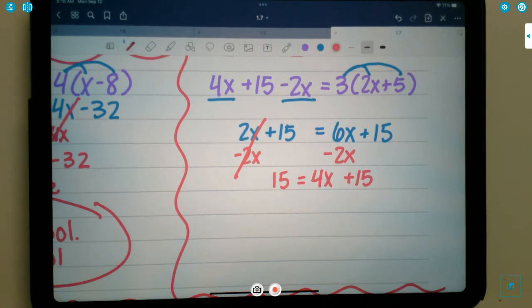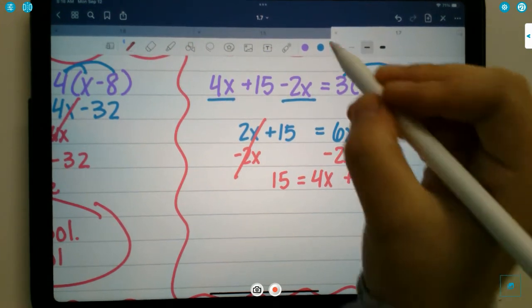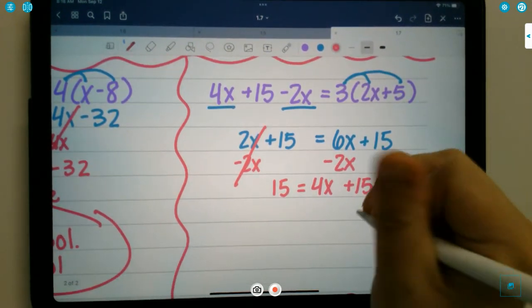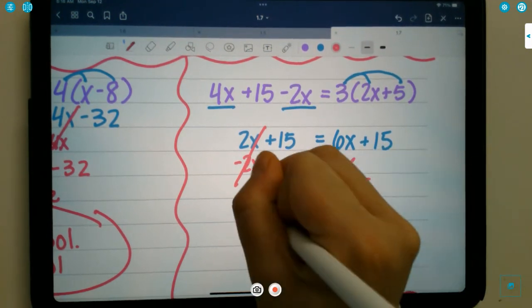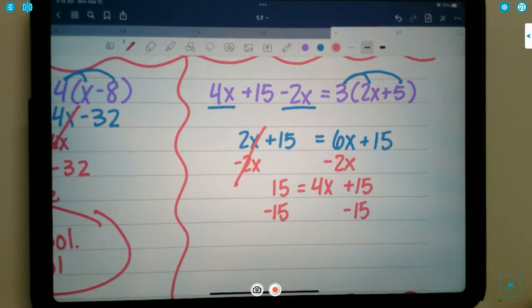Okay. From there, I solve it just like a normal two-step equation. Only thing that's different is that on the left side of my equation is my number and my x is on the right side of my equation. But either way, I'm going to subtract 15 from both sides. 15 minus 15 on the left cancels out.